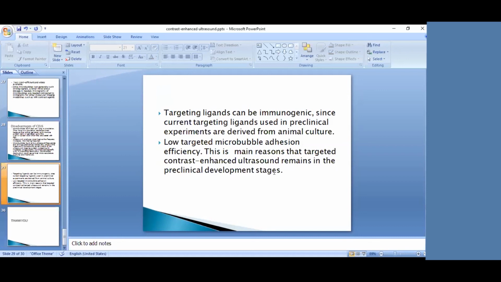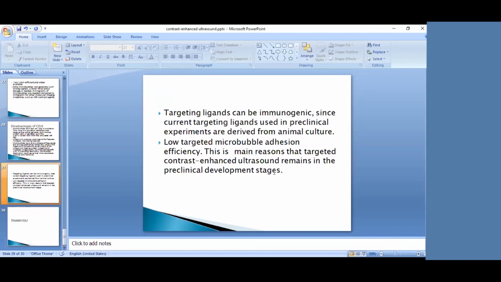Targeted ligands are molecules which bind to the microbubbles. We said sometimes we can bind microbubbles to some molecule to deliver either a drug, gene, or whatever.